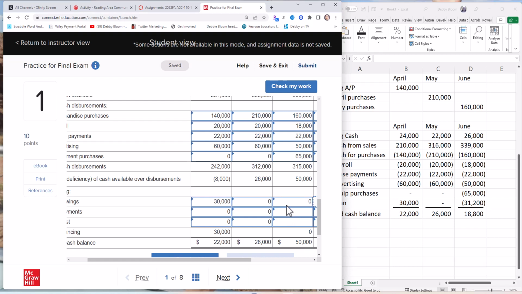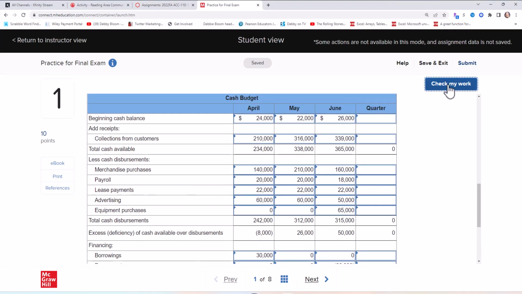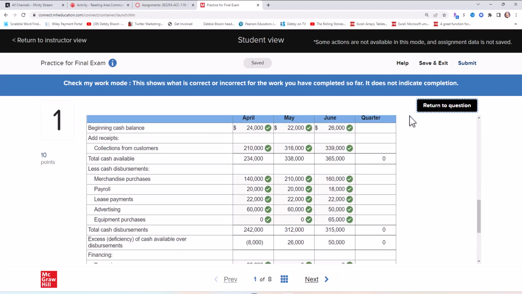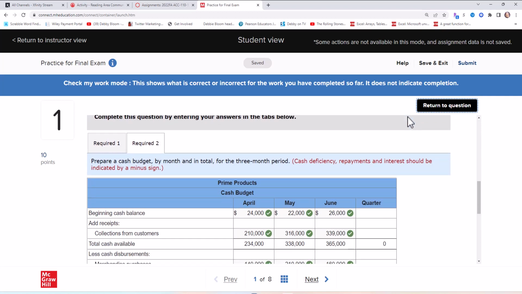There's $0 borrowings, but we are repaying $30,000 plus $1,200 in interest. I think that needs a negative number, negative $30,000, and negative $1,200 in interest. So we've got our $18,800 as our budgeted ending cash balance. Now let's check our work and see if we're correct. Everything is correct. Answer is not complete because I did not calculate the quarter.